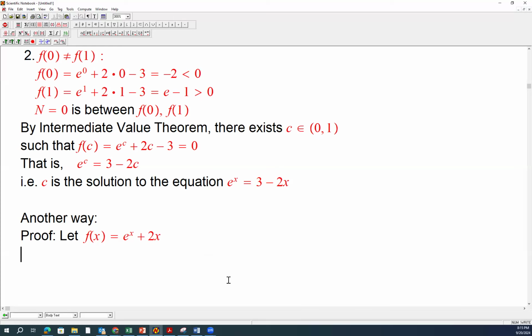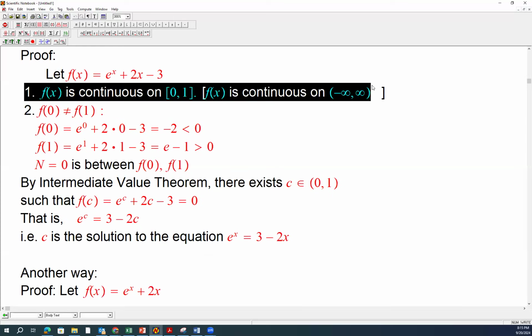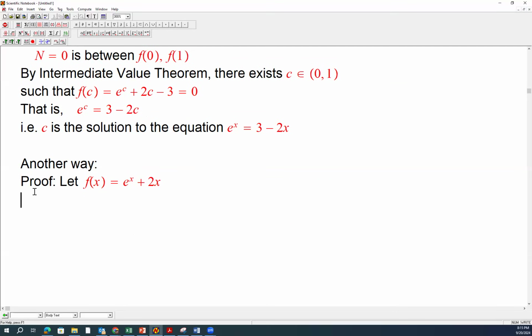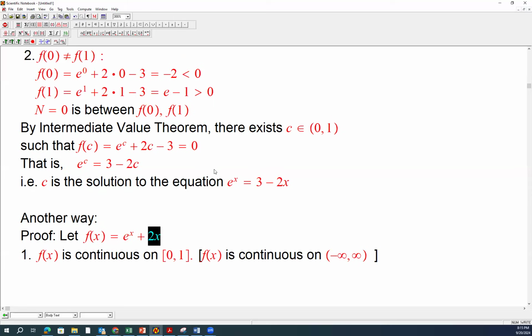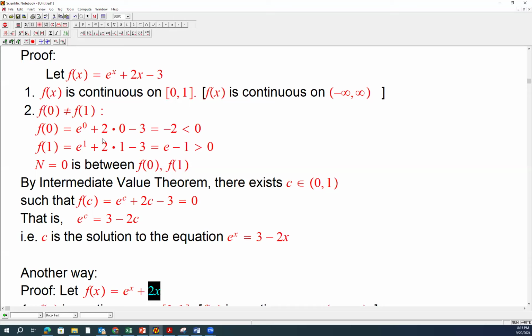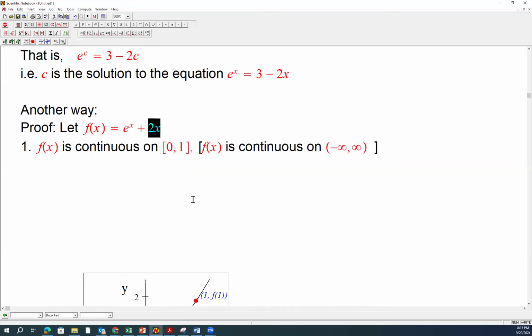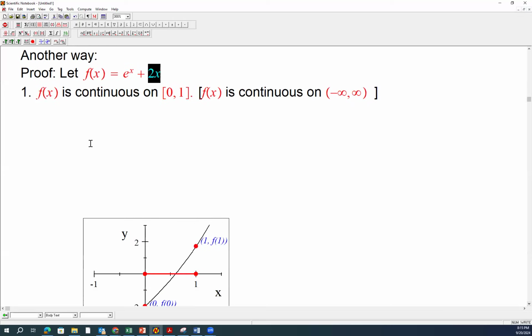Is this function continuous on [0, 1]? Of course it is, right? So we verify it. It's continuous. It's the sum of an exponential and a polynomial. And next, we're going to demonstrate, but this is a different function, right?